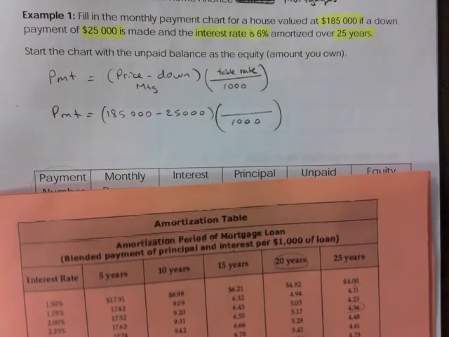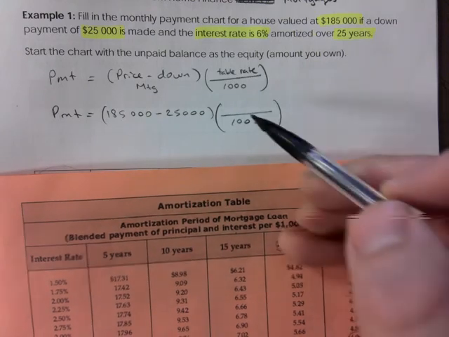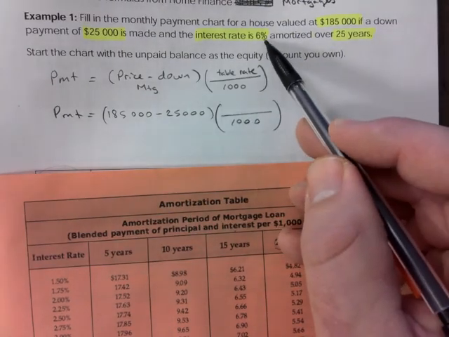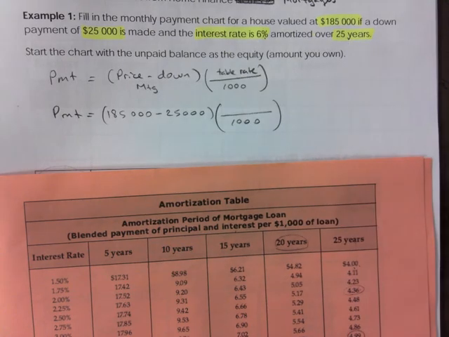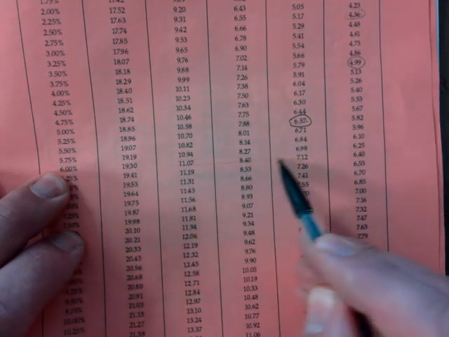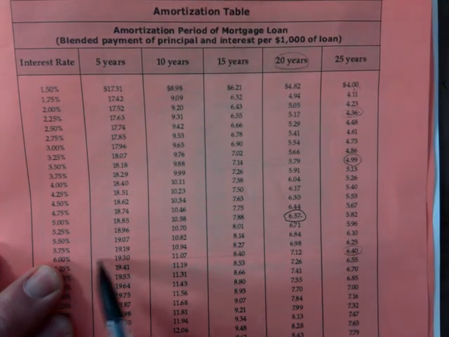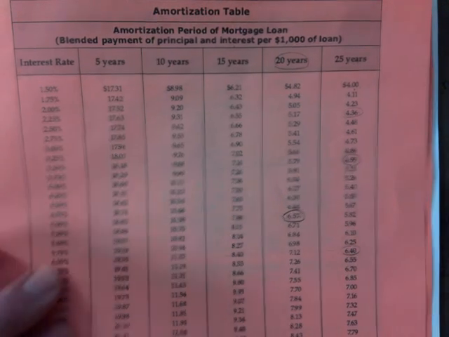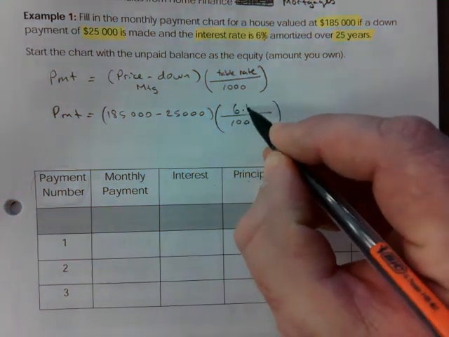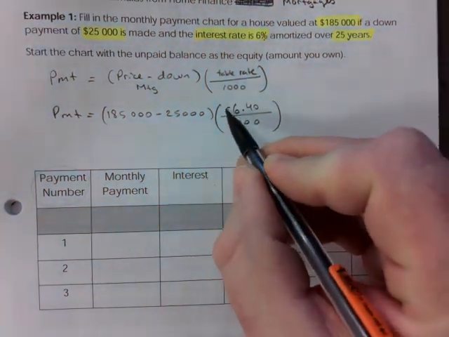So we're going to find that table rate, which is always the interest rate, and the amortization table will give you that. We're looking at 6% over 25 years. That's that last column, 25 years. So we're looking at 640. You should locate that and double check. It's 640, so you're going to pay $640 per $1,000 of loan.